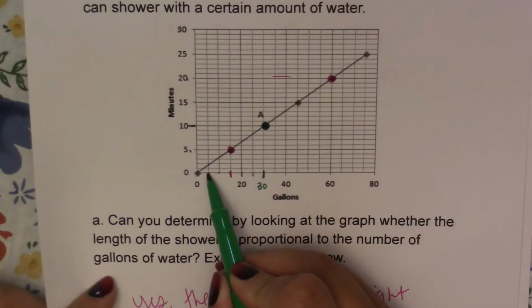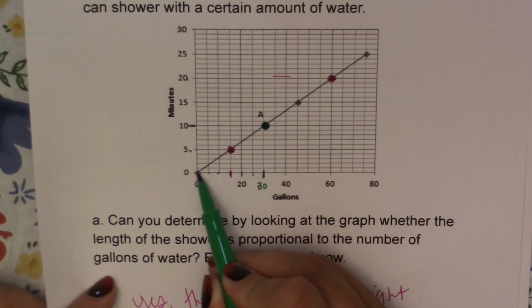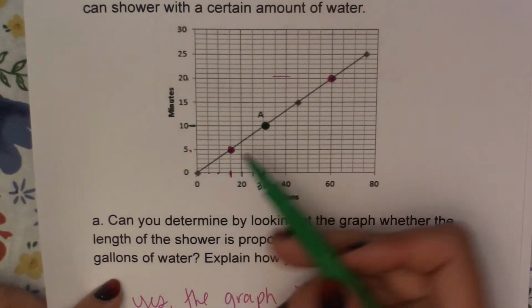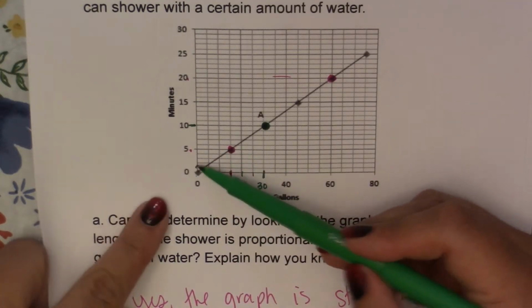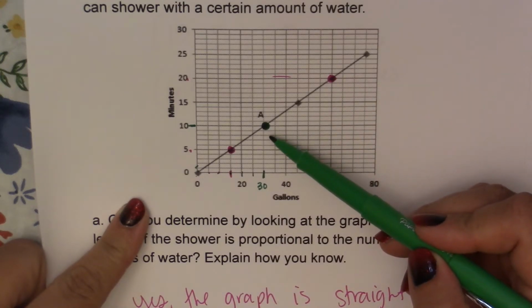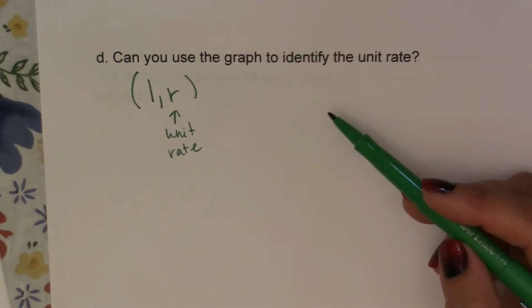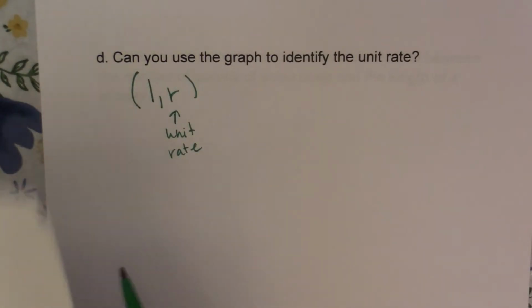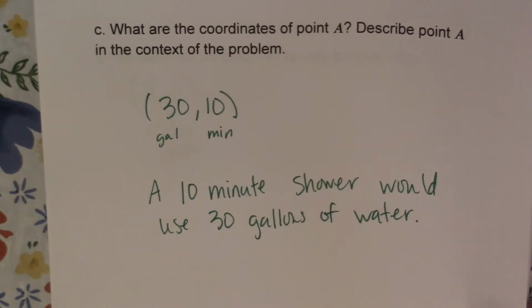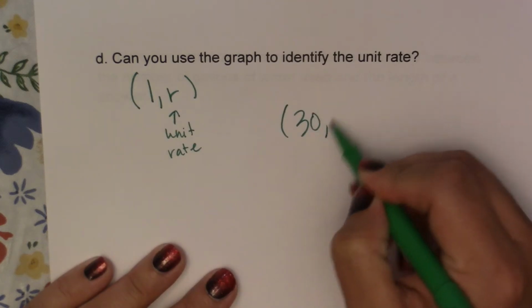Now if these had counted by 1, we could guess that, but we can't find that 1, so we're going to have to do a little more calculating. So we could take any point on this graph and get an x and a y coordinate from it and use that to find our unit rate or our k value. So I'm going to use the point we just found, our point A, which was 30, 10.